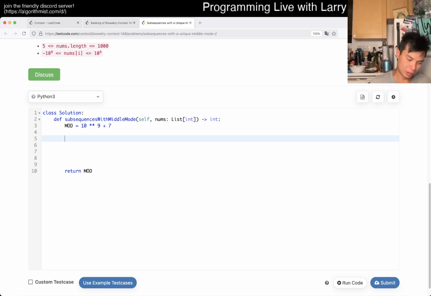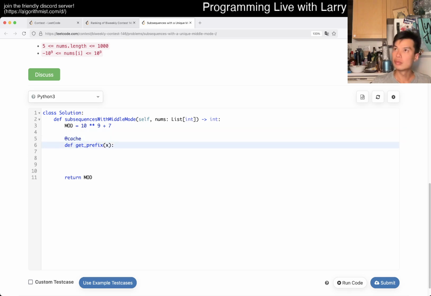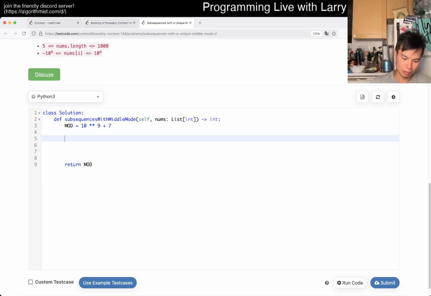Yeah, okay, just do it, Larry. I guess you could always also do binary search. Yeah, maybe that's actually a little bit cleaner.